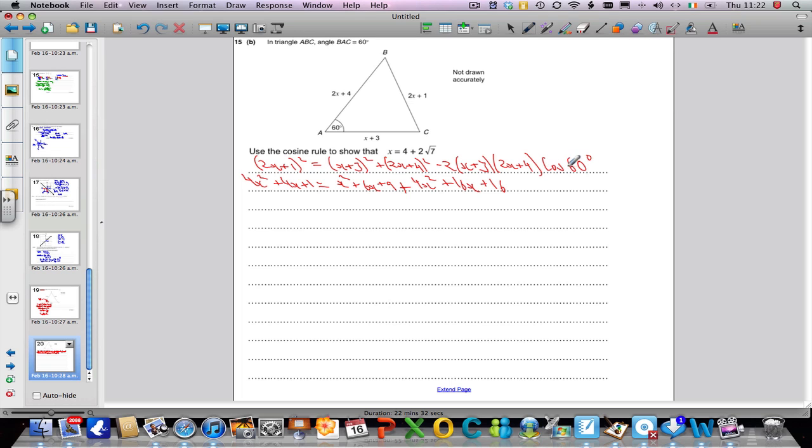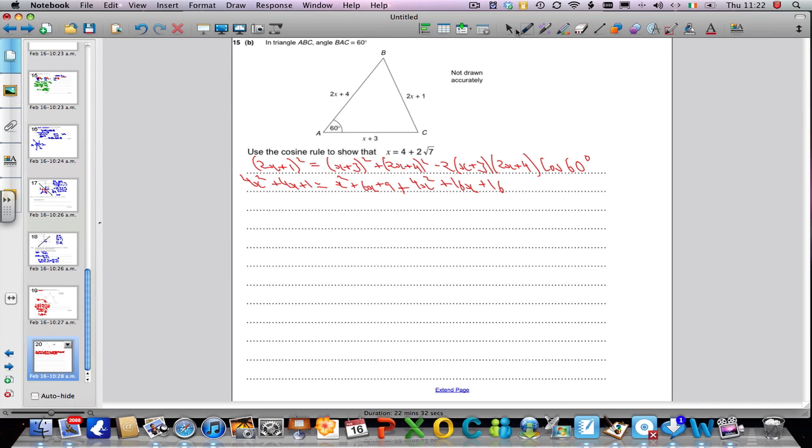And cosine 60 is a half, so it's going to be all of this expression. I'll just put it in blue brackets. All of this has to be expanded out.